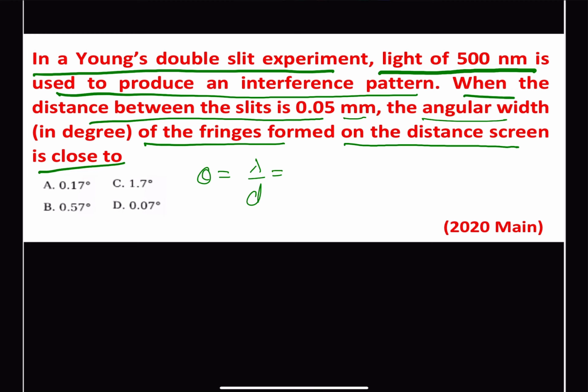Small d is the distance between slits, which is given as 0.5 millimeter. Lambda is our wavelength.